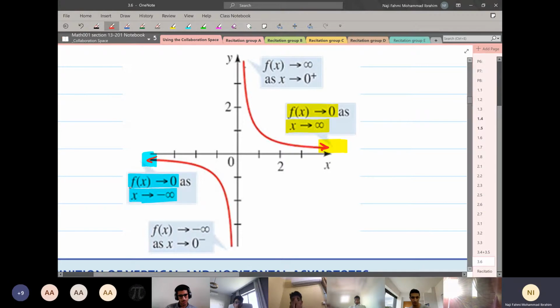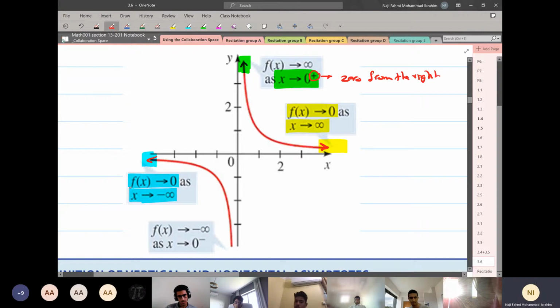Now let's look at the green part here. Where is the value of x going to? The value of x, not y. In the green one, where is x going to? 0. X is going to 0, but from the right side. This plus on top of 0 means 0 from the right.